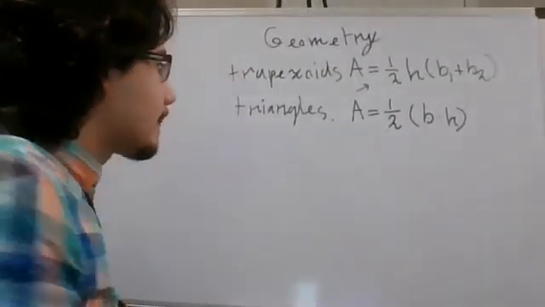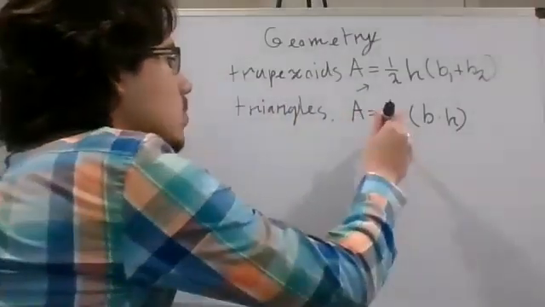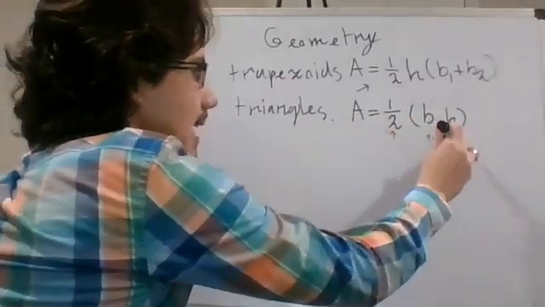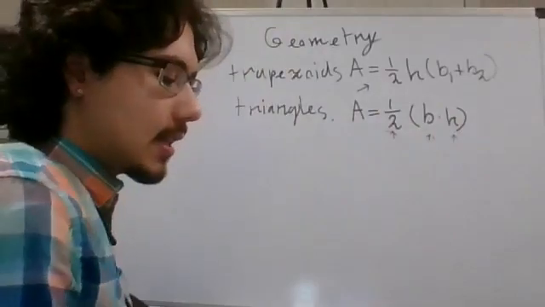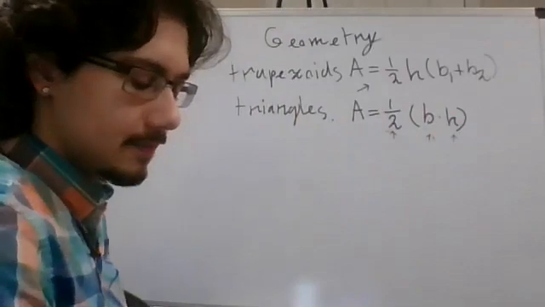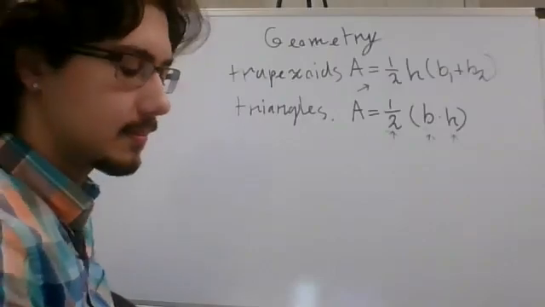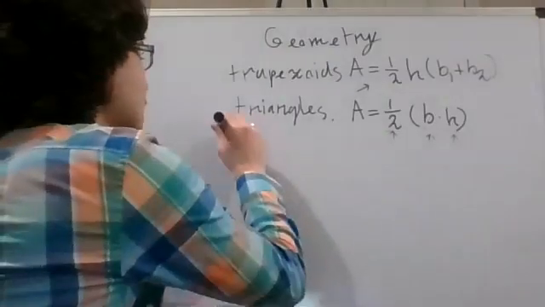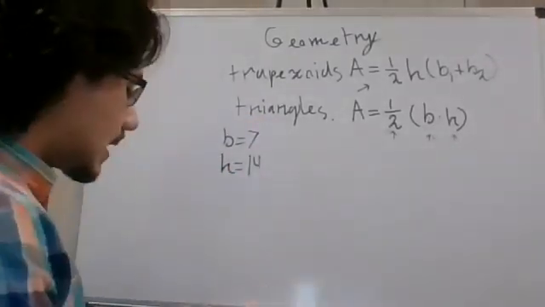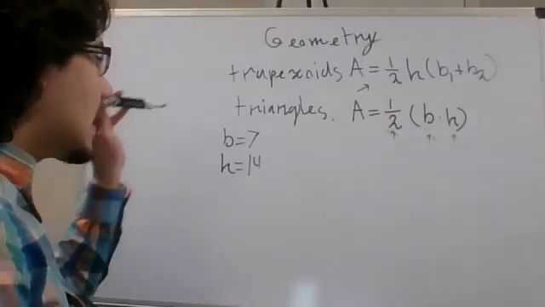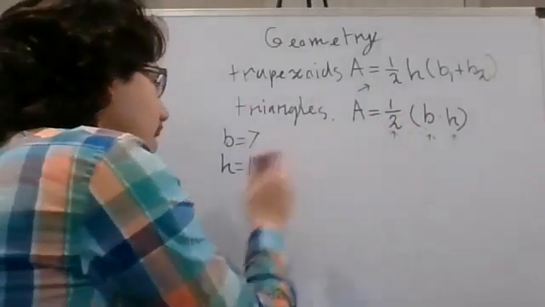Expanding on this concept, I want to look at the triangle area. The triangle area is 1/2 base times height. So can somebody tell us a random base and a random height? Just pop out two numbers. 7 and 14. Let's say our base is 7 and our height is 14. This means that if our base is 7 and our height is 14, then it is true that the area will be.